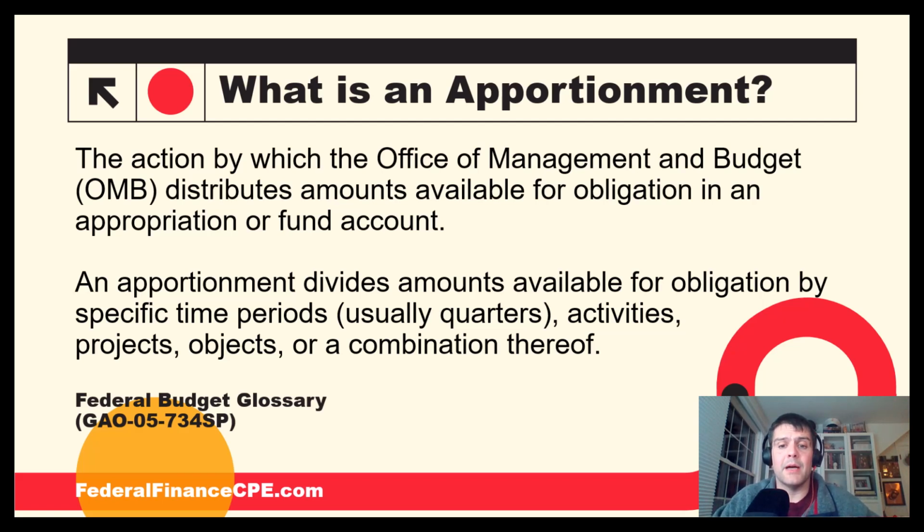It can be divided by time periods, as we mentioned, which is usually quarters. It can also be divided up by the program for the fiscal year, or it can be both. This is where you see your category A and B apportionments on the SF 132, which is an apportionment schedule. Now think why this matters. This is because OMB is managing spending and it's preventing agencies from spending too much, potentially running out of money too early, and then having to slow operations.